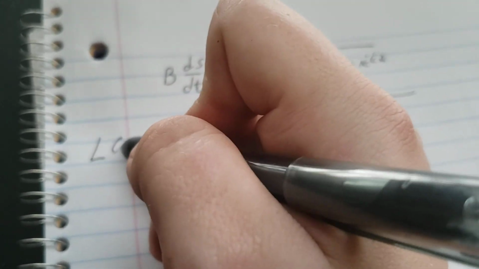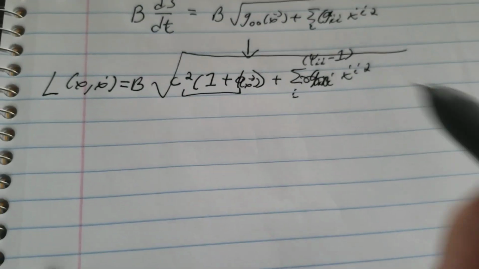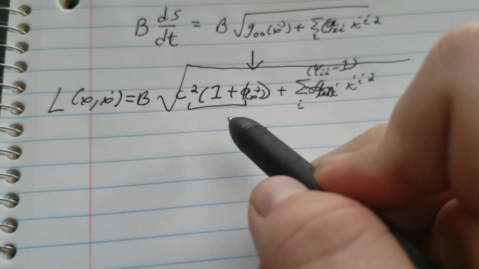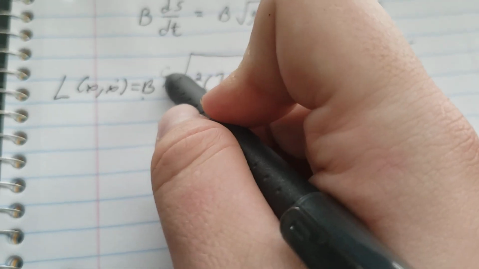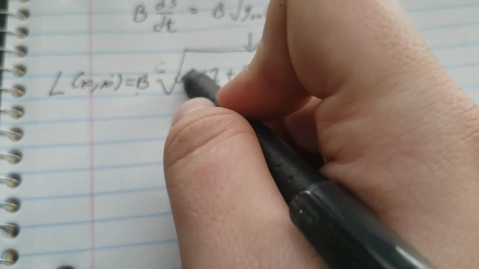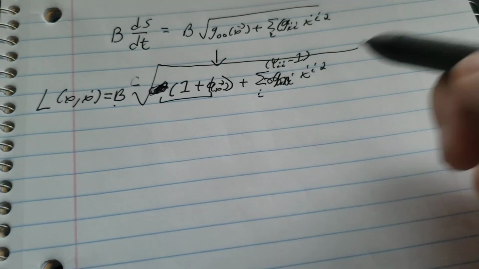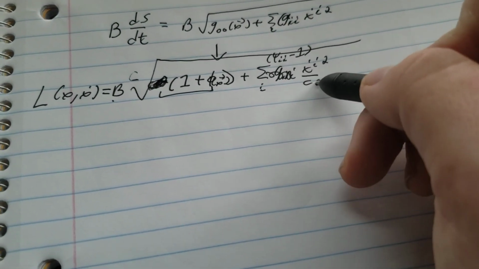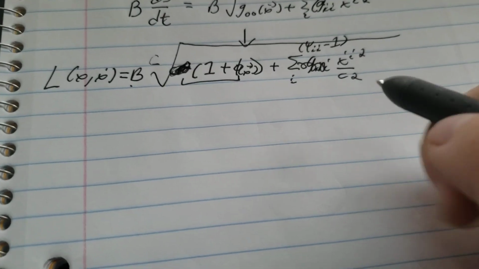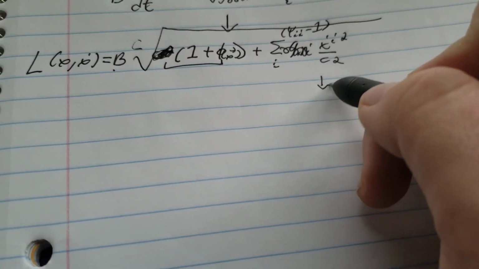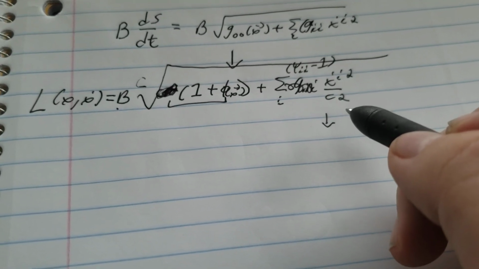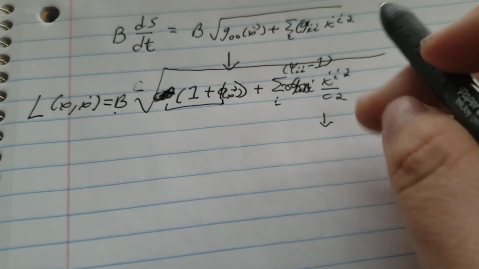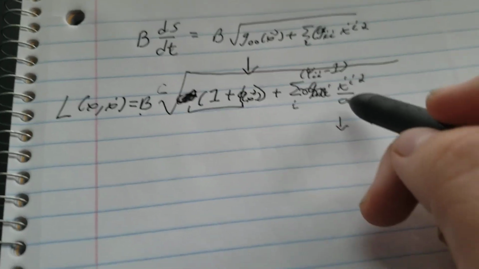We've defined our Lagrangian as this. I'm going to divide out the factor of c. Now, in the situation where our velocities are way less than the speed of light, which is almost every single practical circumstance, that's going to be a very, very tiny number.